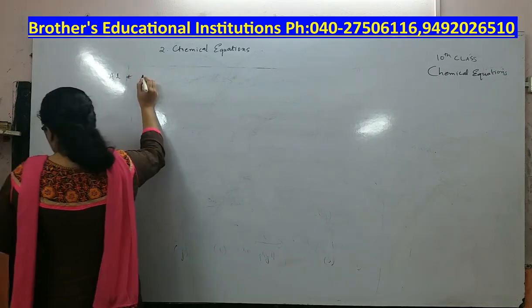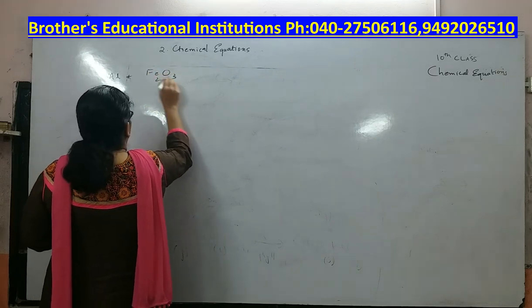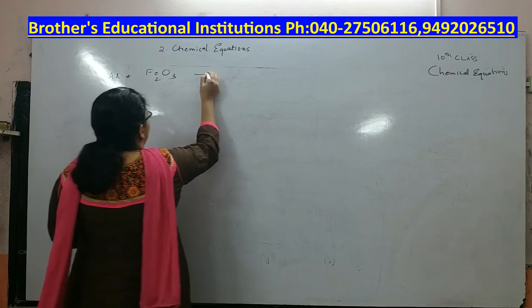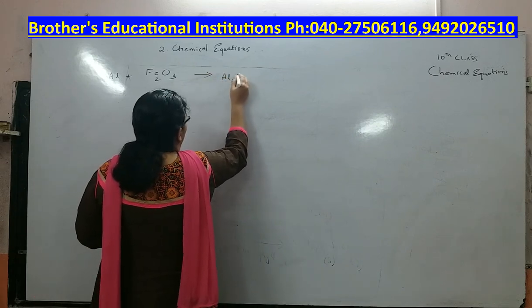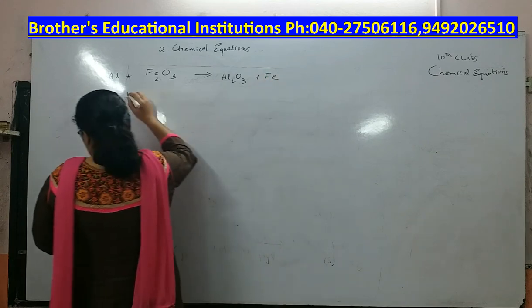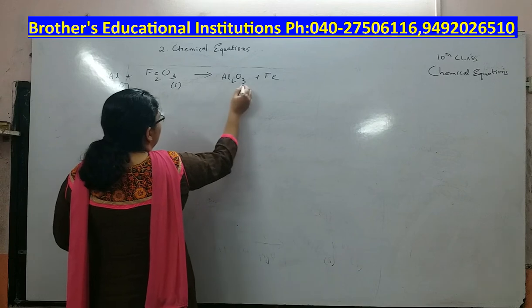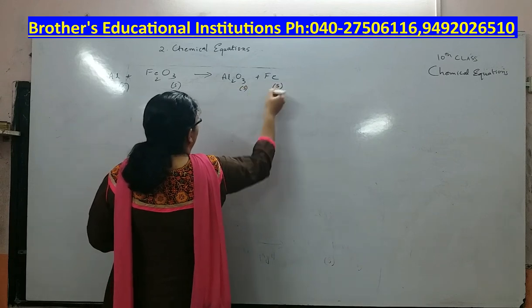Aluminium plus Fe2O3 gives rise to Al2O3 plus Fe, all solids.